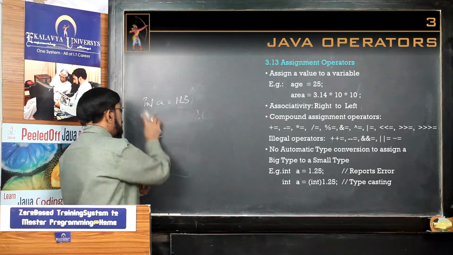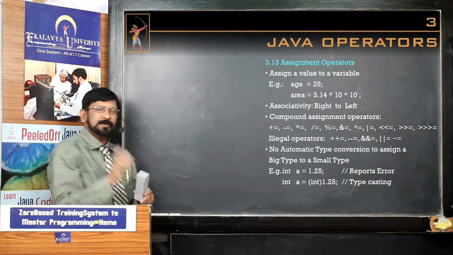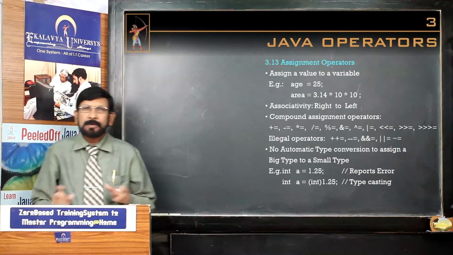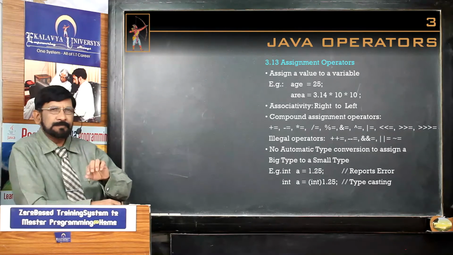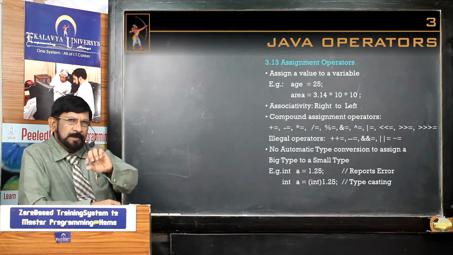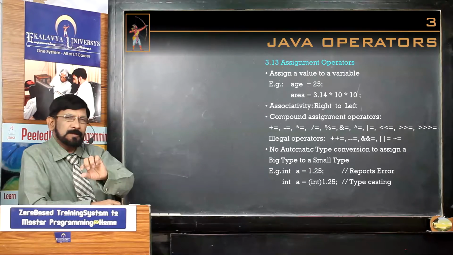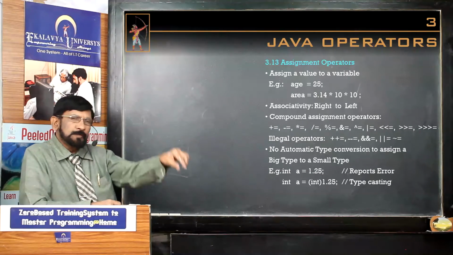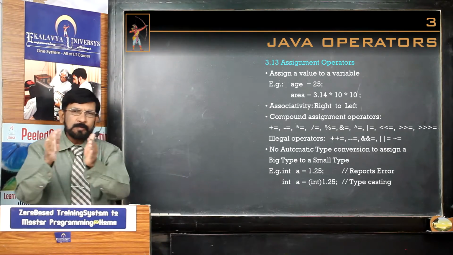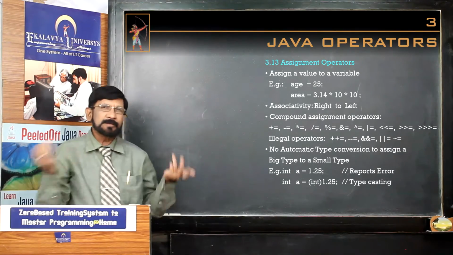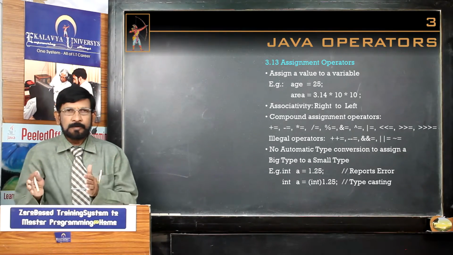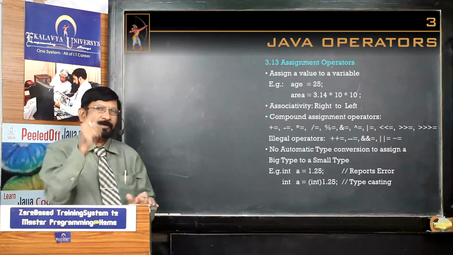Actually, as far as Java types are concerned, I tell you a simple principle. If you want to assign an inferior type value to a superior one, that means you want to put a small value in a bigger box, there is no issue. If you want to put a bigger value in a small box, a problem will come.